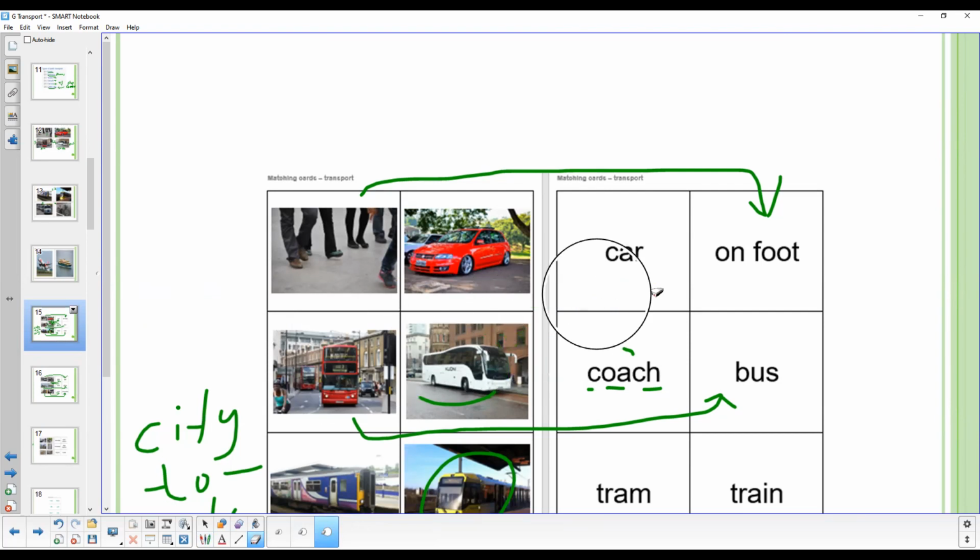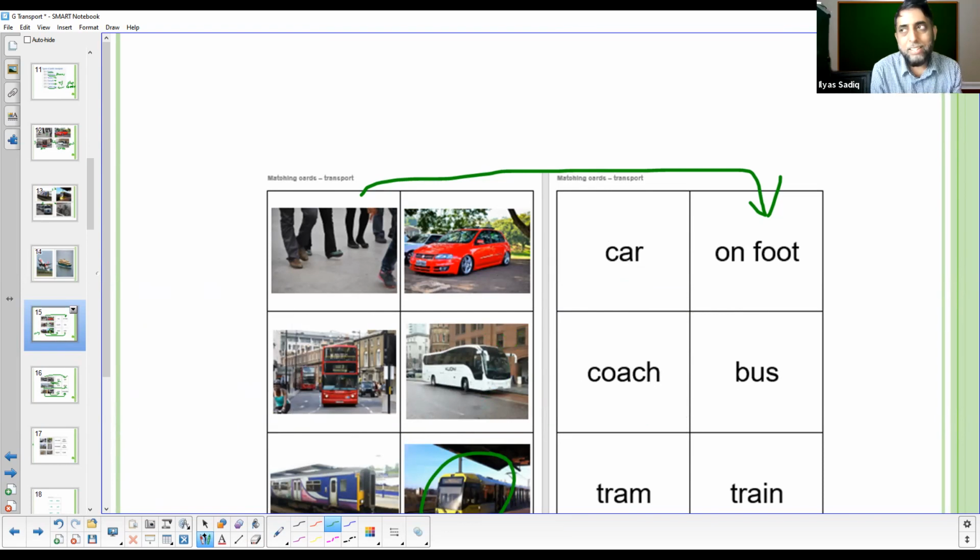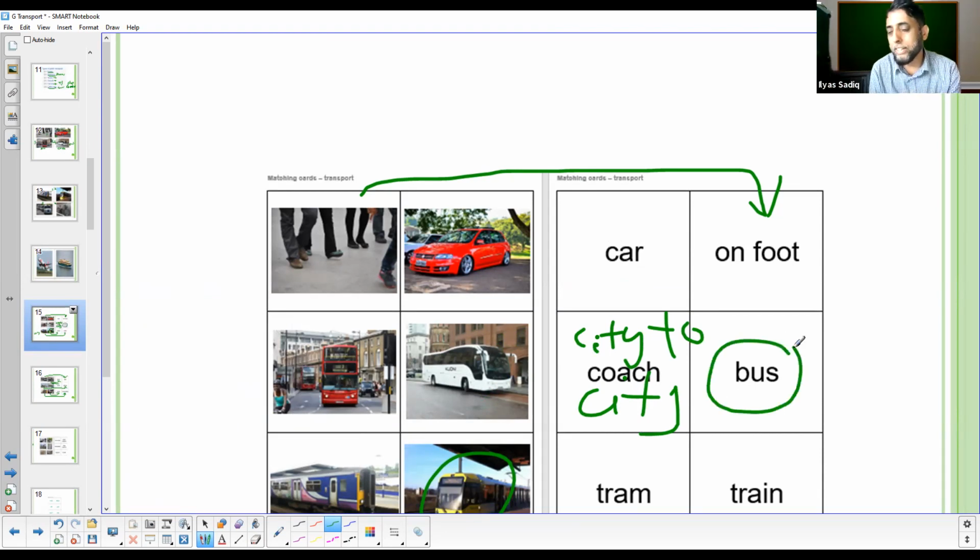This is also a bus, but a bus travels inside the city, locally, while the coach goes to different cities, from city to city. For example, from London to Manchester or Manchester to Oxford, whatever it is. A bus is local in the city.